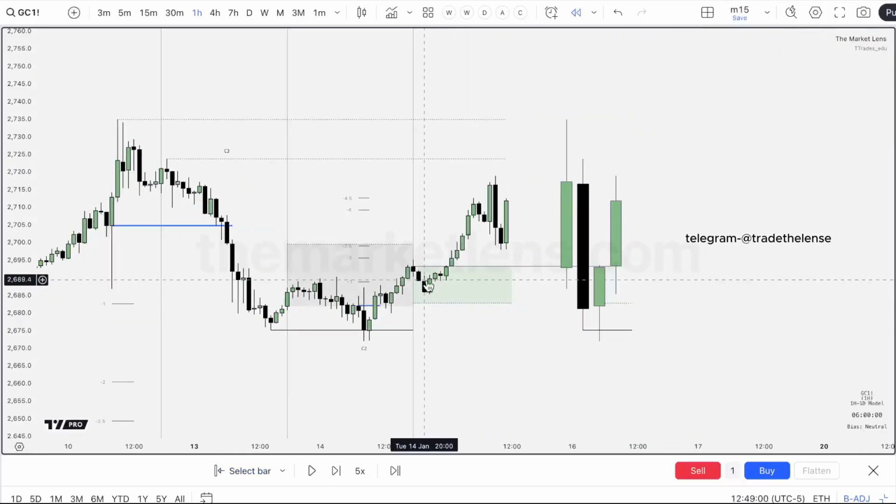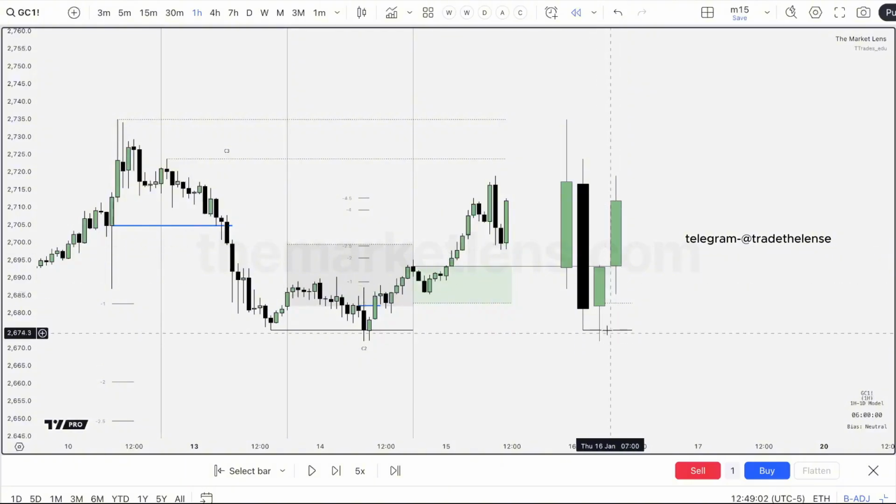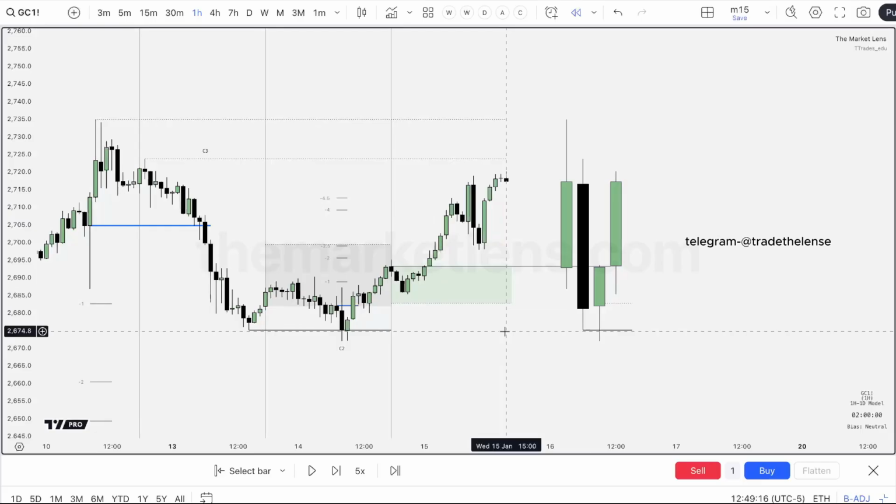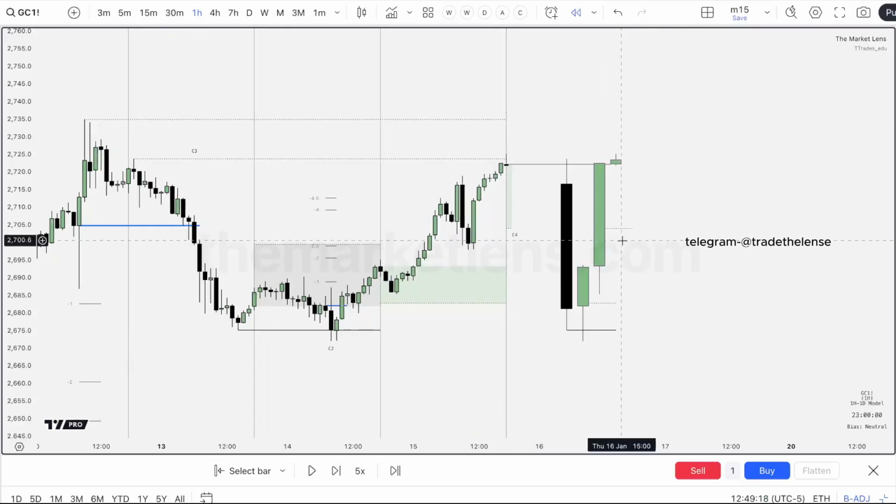If I'm trading this candle here, this isn't technically a swing point until this candle closes, right? Because it could go take out the low and it's not a swing point. So when I'm trading candle 3, I'm trading the anticipation that this is a swing point. If I'm trading candle 4, I'm trading that this swing point has formed, and then I'm expecting this trend to continue. So that's all it is.